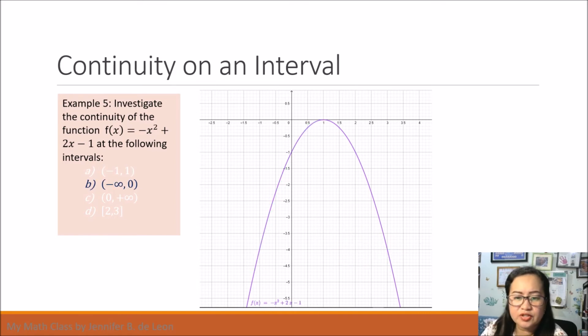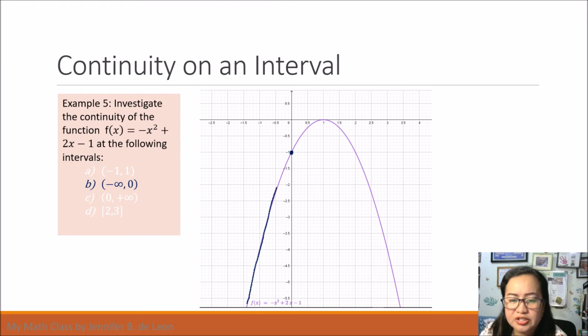Now, this time we have from -infinity to 0. Here is the point where x is equal to 0. Now we trace from the left of 0, from -infinity to 0.